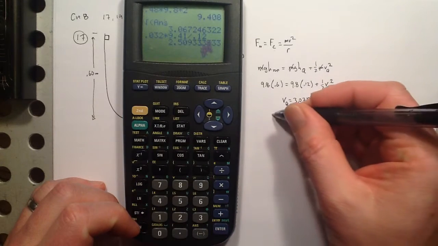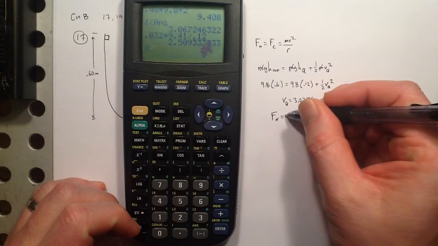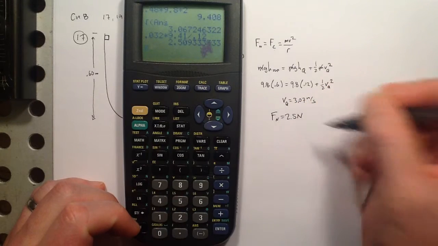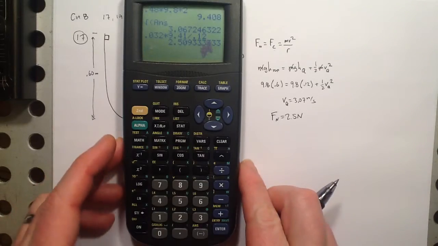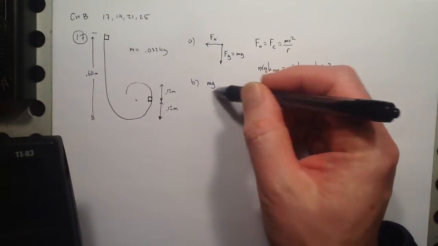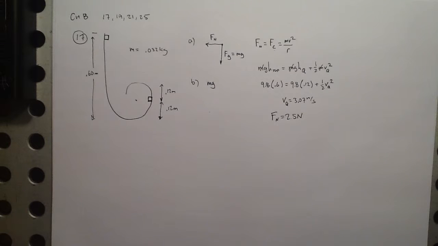So there's about 2.5 newtons of normal force. That's the answer to part A. And then that's the answer to part B.